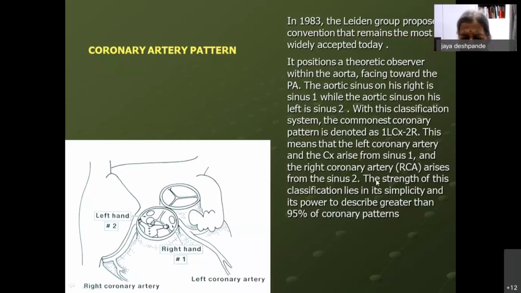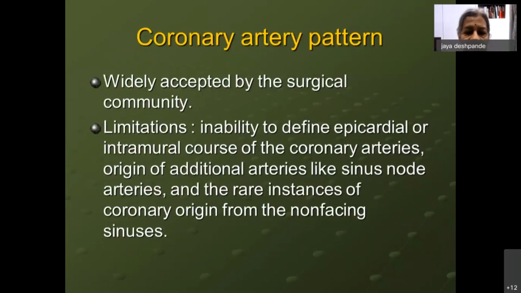The strength of this classification is that it is simple and it describes more than 95% of coronary patterns. It is widely accepted by the surgical community. It has limitations because you are unable to define the epicardial or intramural course of coronary arteries.